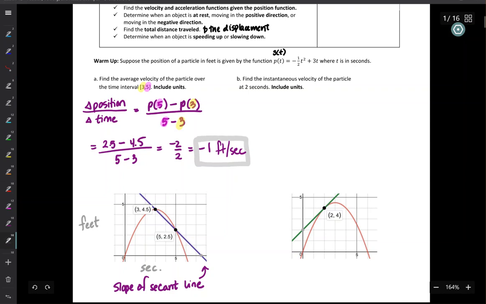Now the instantaneous rate of change, the instantaneous velocity of the particle at 2 seconds, is asking me to find the slope of this tangent line. Slope of tangent. And we're asked to find that slope of that tangent line at a particular moment in time at t equals 2 seconds.